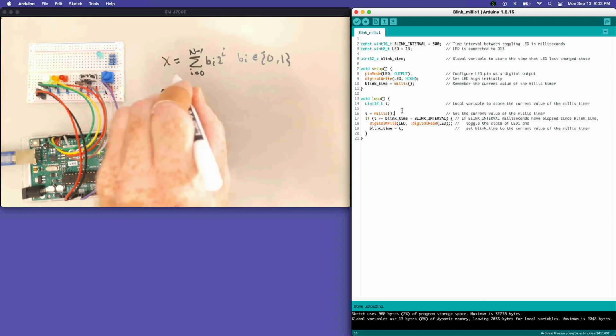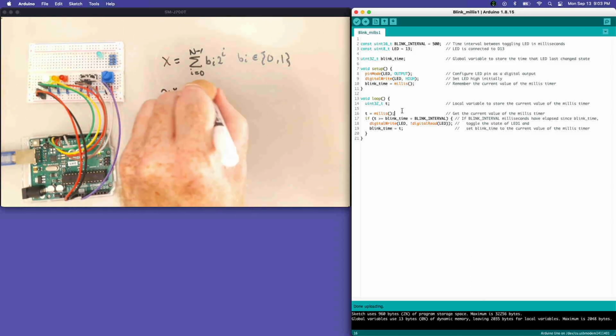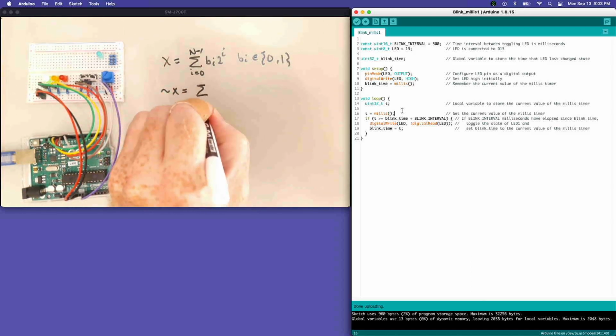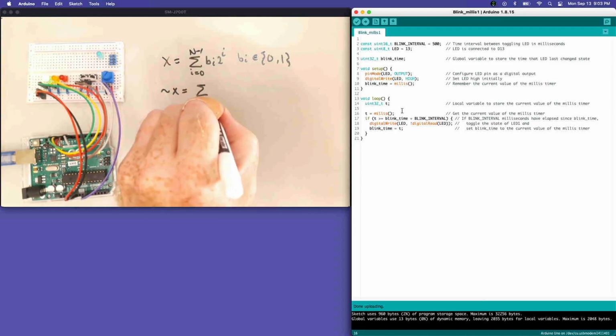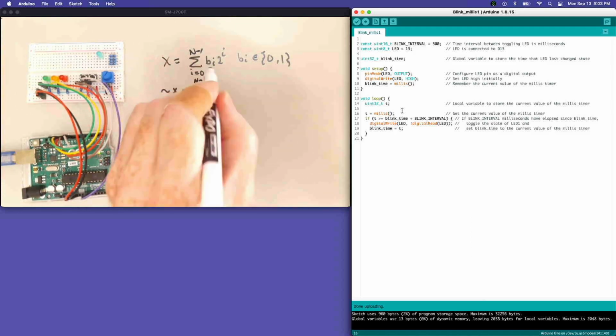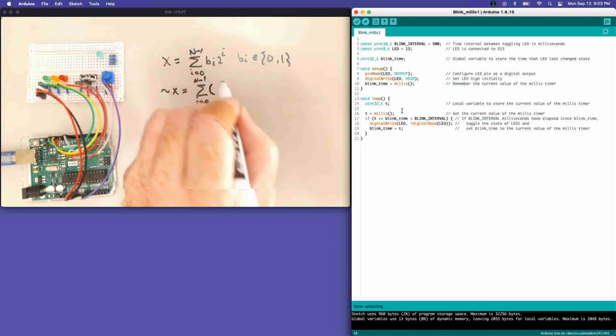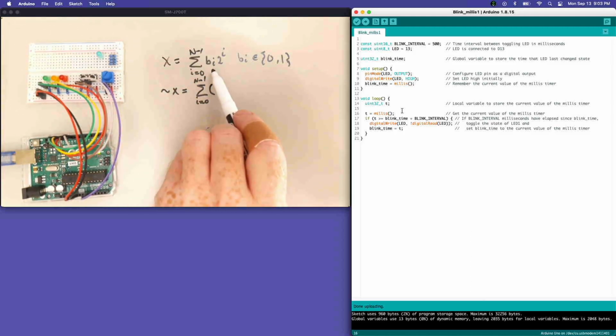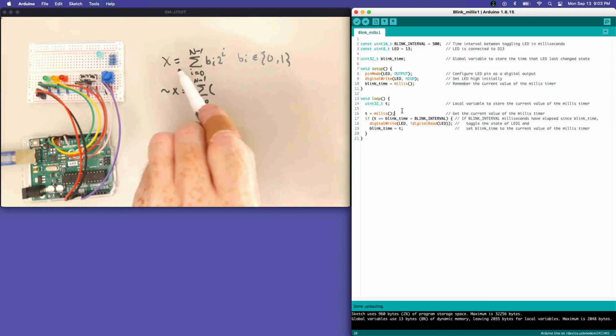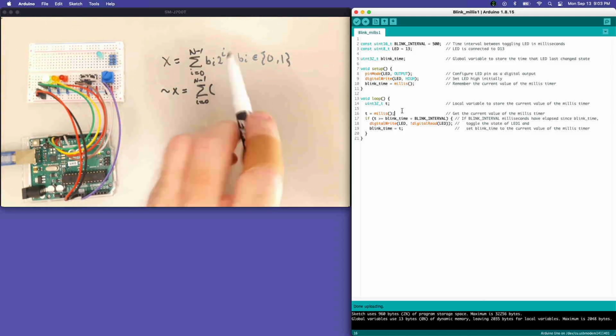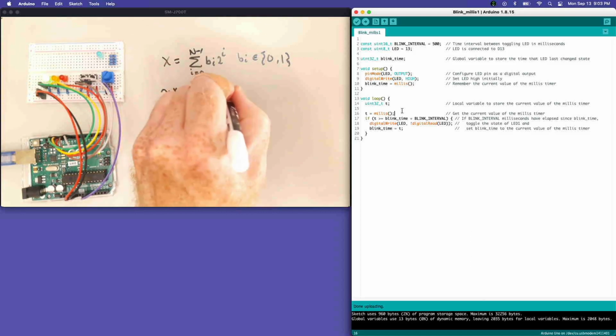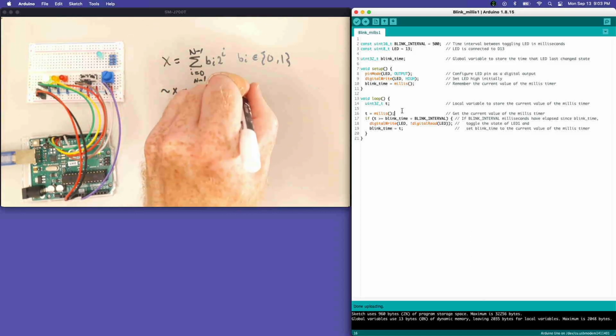So tilde x would be equal to, again, a binary number, the sum for i equals 0 to n minus 1. And the bits are going to be, if we know that the b_i are the bits in x, to get the complement of the b_i, we can just do 1 minus b_i.